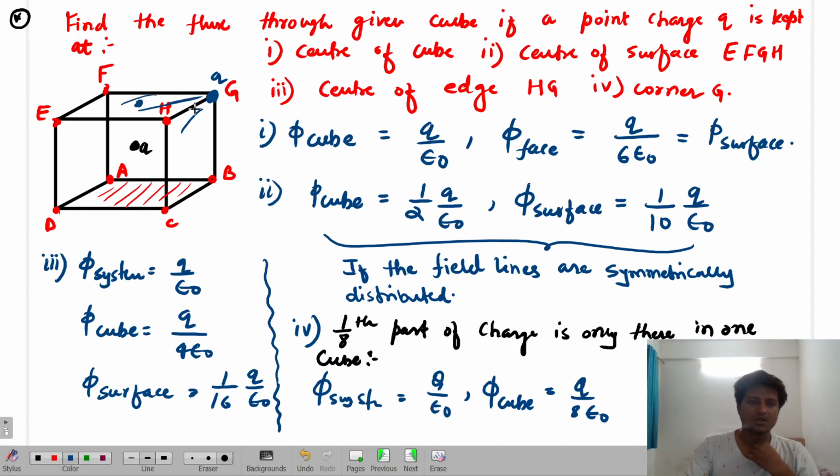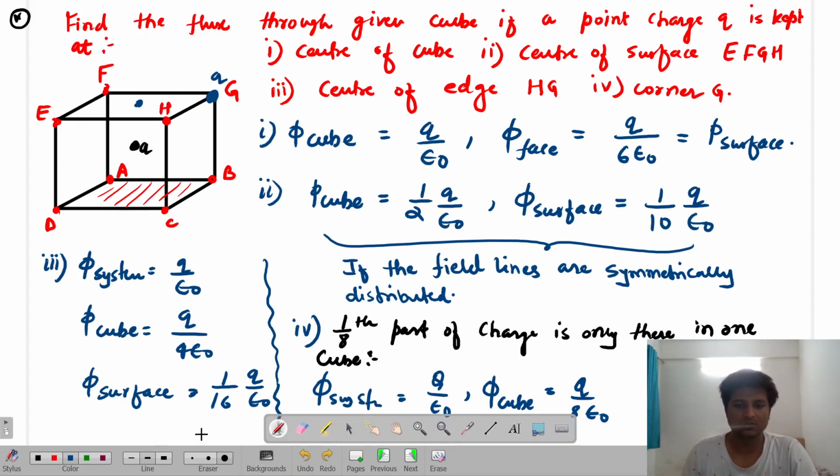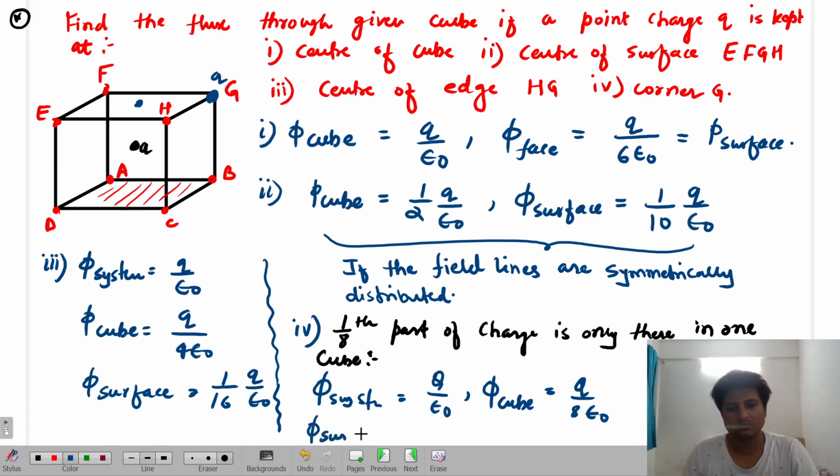One top, one side, and one back side. So how many faces are left? Three more faces are left, isn't it? So flux through one of the surfaces will be one third of q by 8 epsilon naught, which is 1 by 24 q by epsilon naught. Is that clear? Let's move ahead.